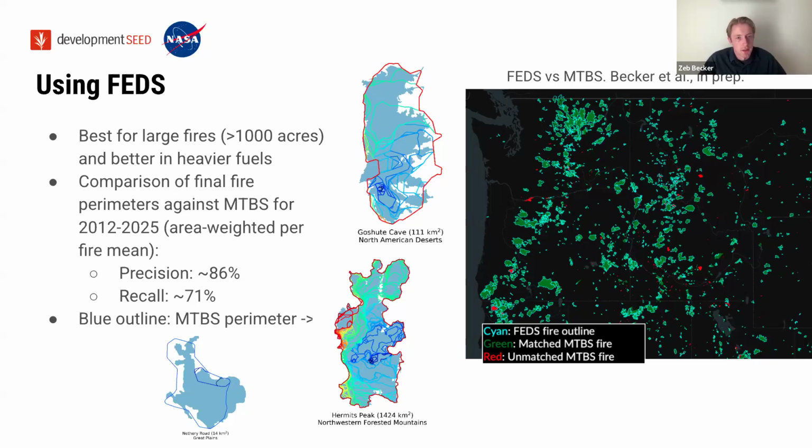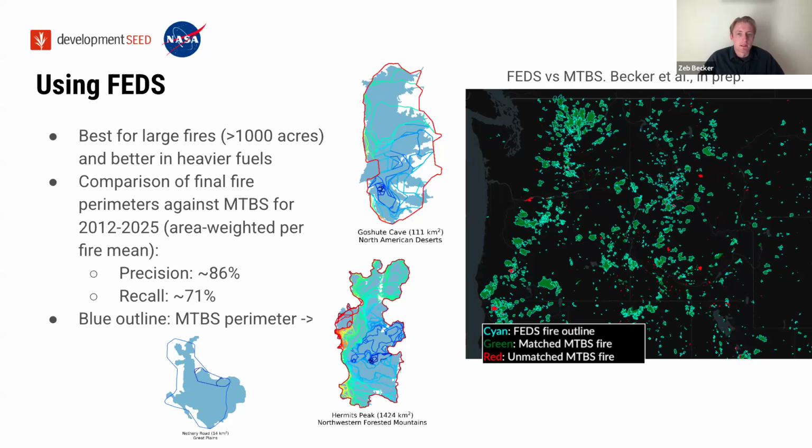Compared to MTBS, this is a lower resolution. It's more of an approximation of where the fire is. You can really see, particularly in the lower left here, it's a much smaller fire, and at that scale there's only so much fine detail that you can resolve based on these 375-meter input detections. The trade-off is that we can get a new perimeter every 12 hours.